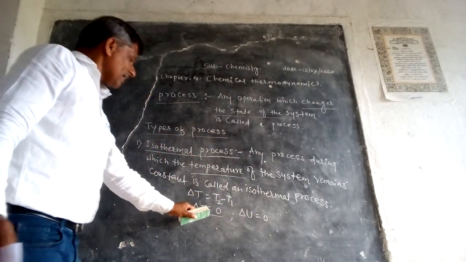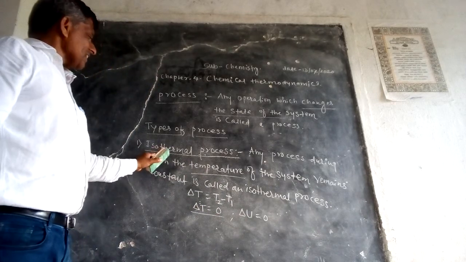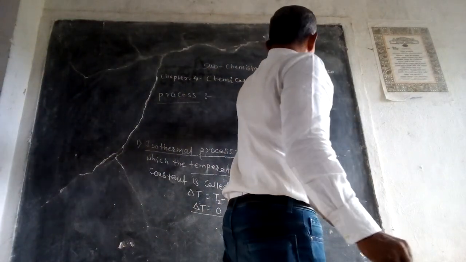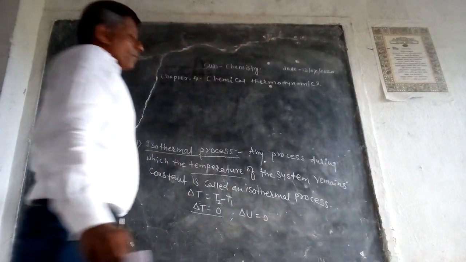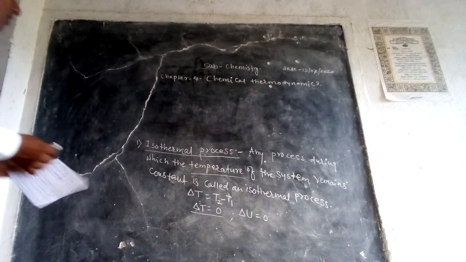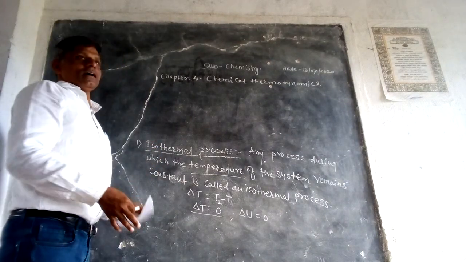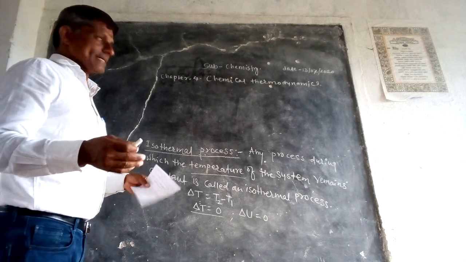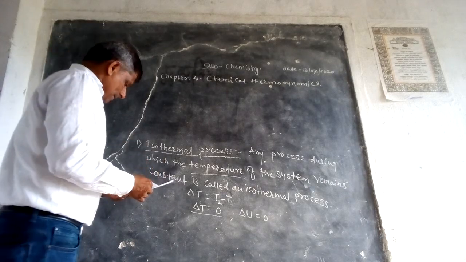So these are the two conditions of the isothermal process. This is the very first process you have to remember, and from the exam point of view, this portion is also important. In the exam, you may get the definition of isothermal process, or you may get some different question on this topic.